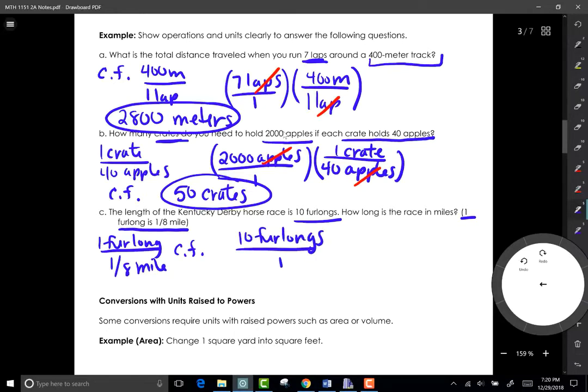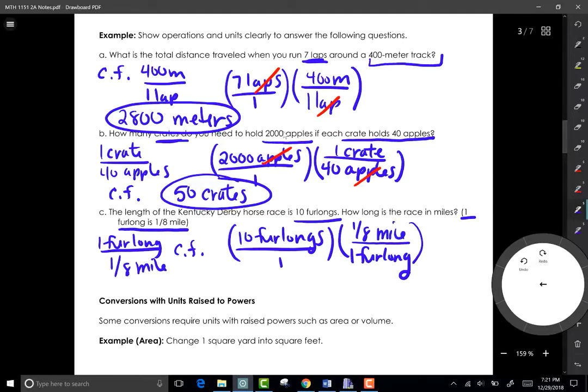Put that over 1. And then I want to do my conversion factor. Since I want to get rid of the furlongs, they are going to go on the bottom. So I have 1 furlong, and then on top, I'm going to put 1/8 of a mile.